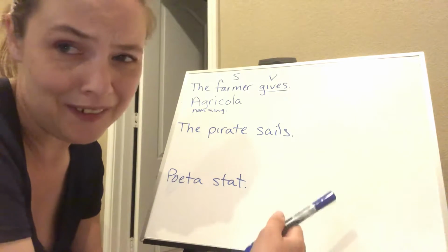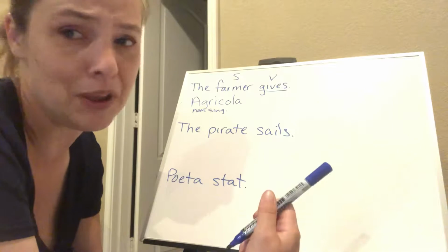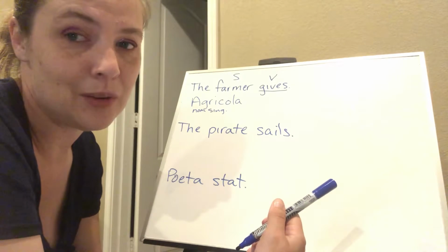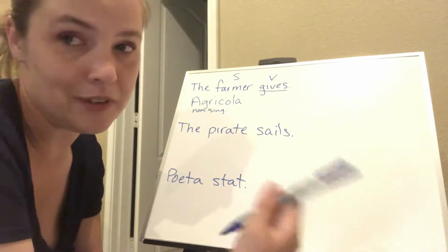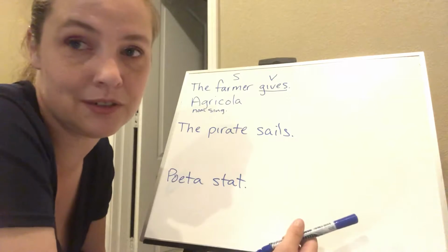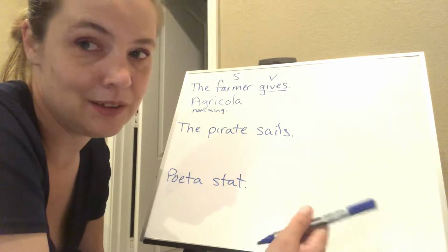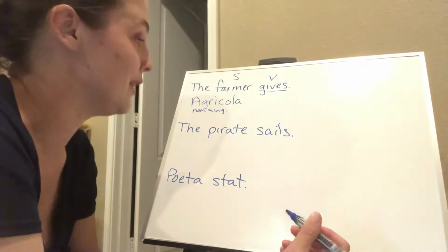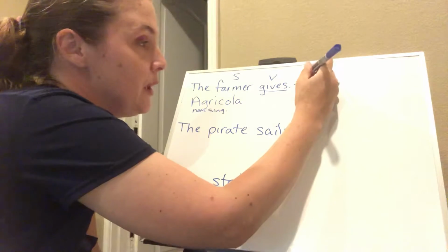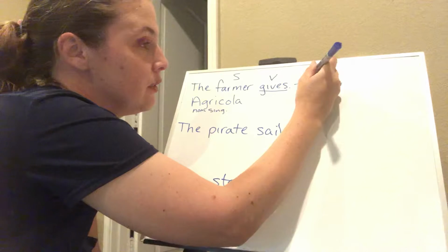We know it's not I. That doesn't make any sense. And it wouldn't be you. That doesn't make any sense. Okay? So it's either got to be he, she, it, or it's got to be they. It can't be they. It is singular. Okay, are you with me? Am I hanging in there?